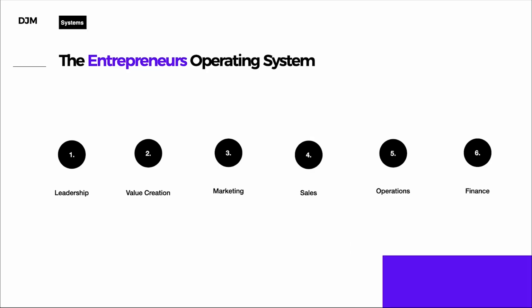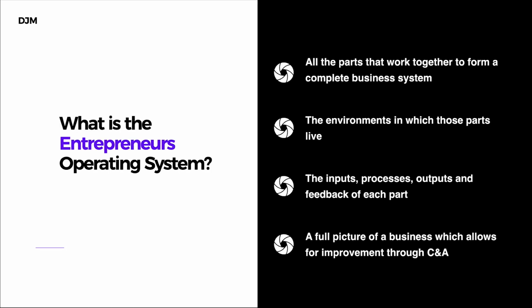So the Entrepreneur's Operating System is leadership, value creation, marketing, sales, operations, and finances. And again, it's all those parts which work together to create a complete business system. It's the environments in which those parts live, because they don't live in a vacuum.